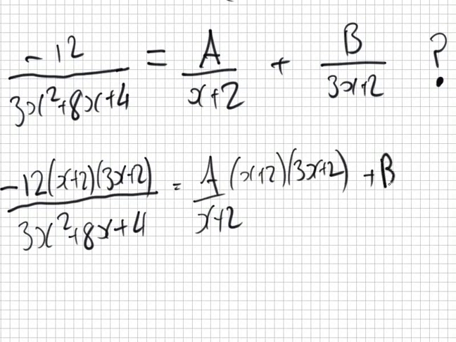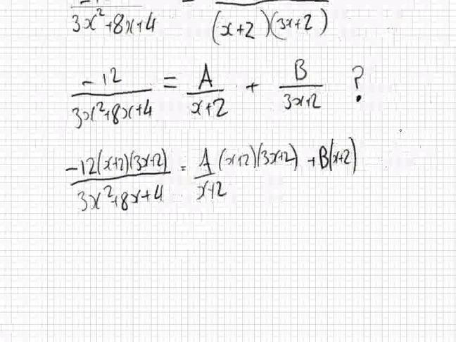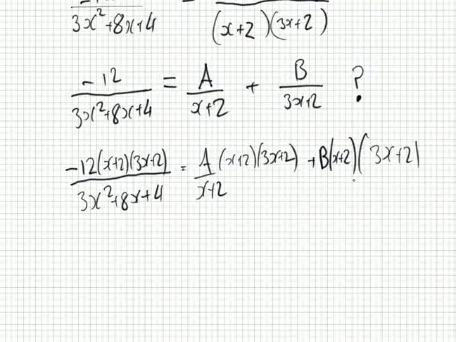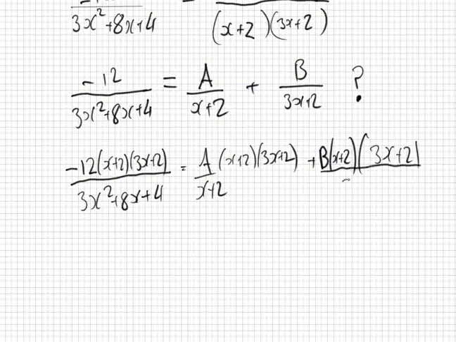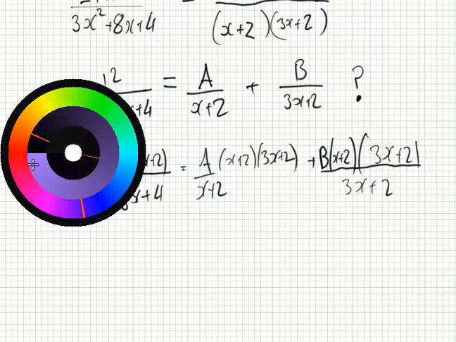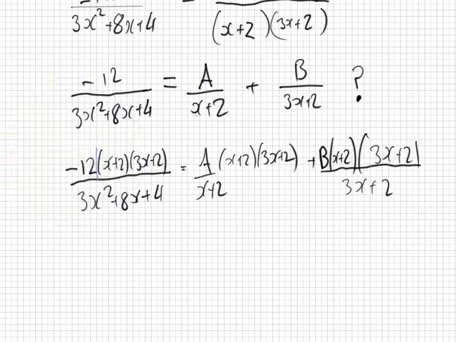Plus b times x plus 2, 3x plus 2, over 3x plus 2. So what I did there was I multiplied those three terms by this. I put them onto everything. Can you see that? Yeah.